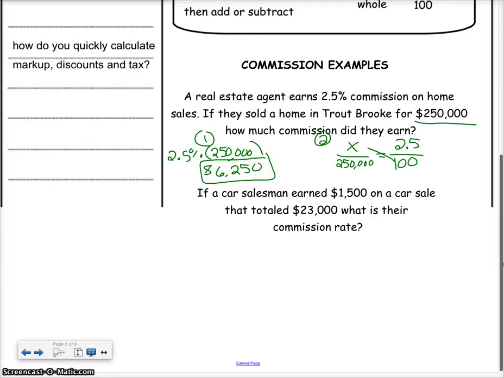And then you just solve your cross product. 100x equals 250,000 times 2.5, which is 625,000, divided by 100, and you get $6,250. So two strategies, both strategies will give you the same answer. So you do what you are most comfortable with.